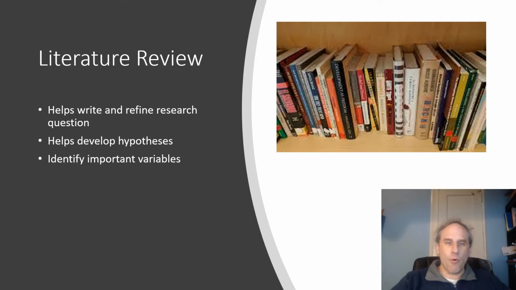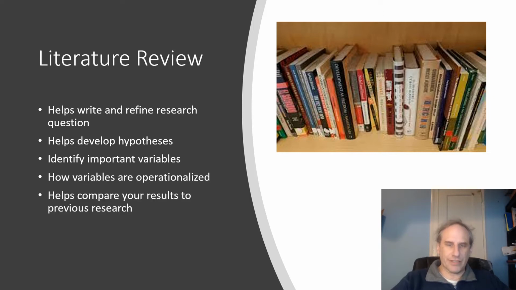May identify important variables in a data set, variables that you may want to test with other variables and other correlations. You can also see how variables have been operationalized, taking concepts and seeing how people are measuring them in the data sets you might be interested in. And once you have your results, having that literature review means you can compare your results to that previous research.